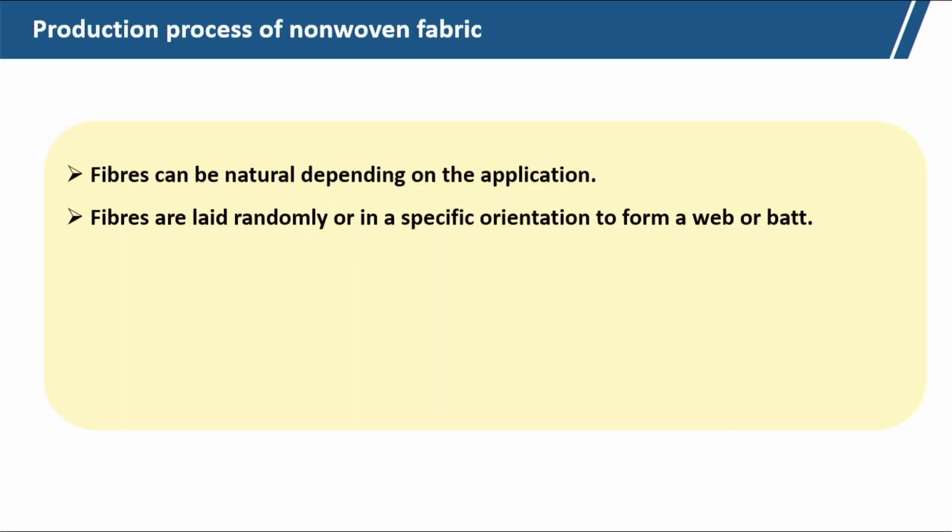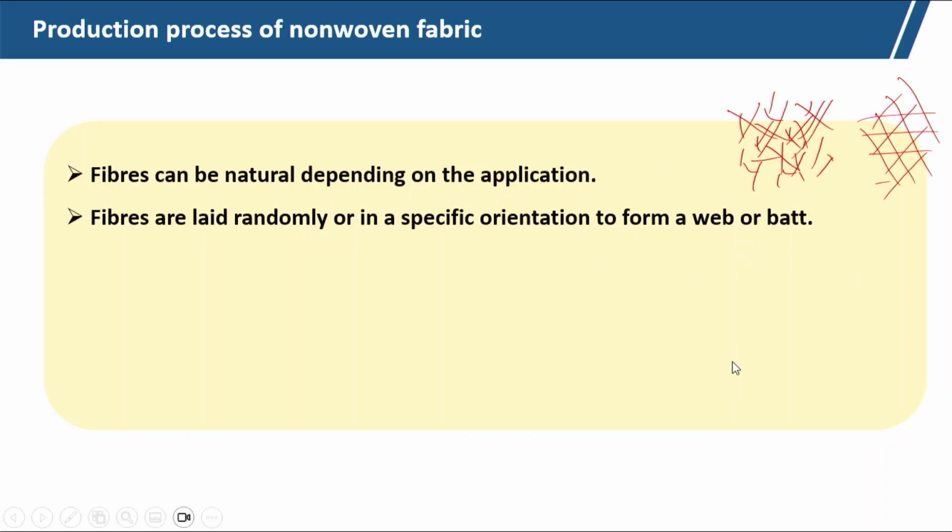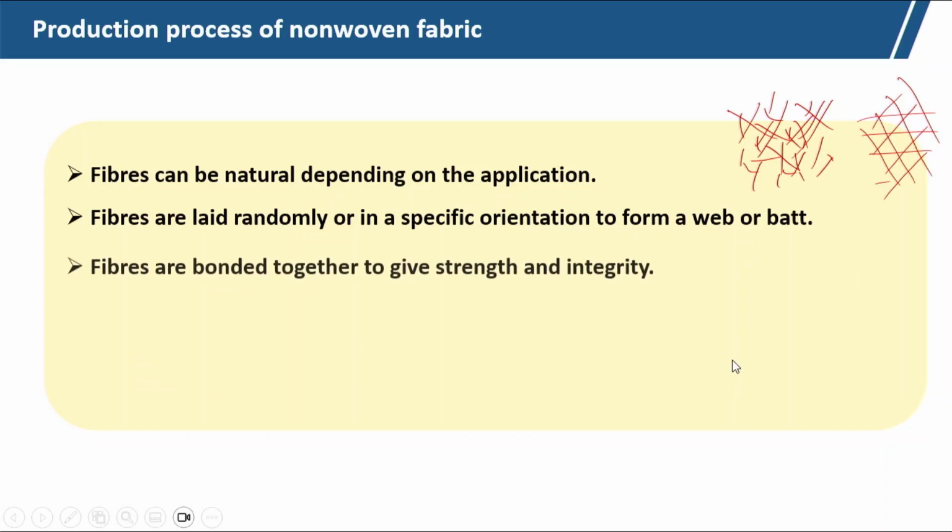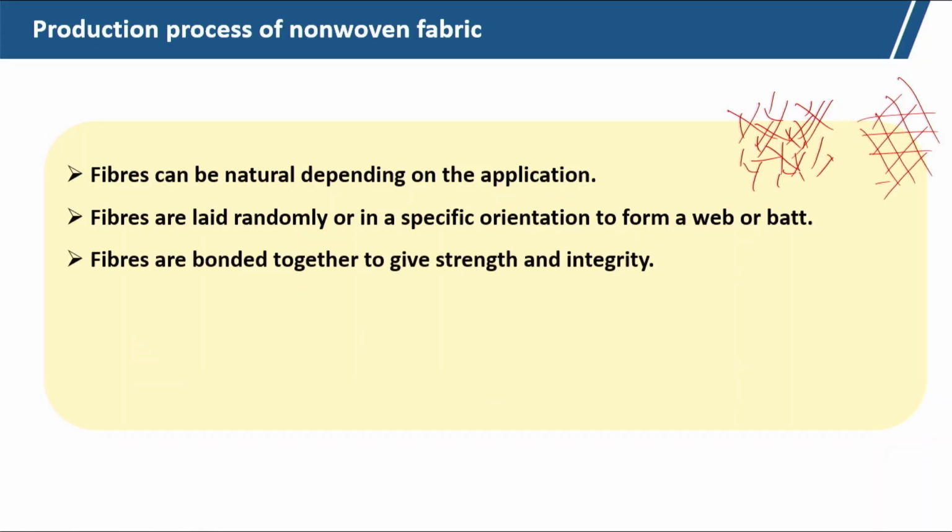The fibers are randomly or with a specified direction. They first form the fiber web. So, in random fashion fiber webs are formed, or maybe at a certain direction. If we want a certain direction, fibers can be laid in that direction in the form of web or bat.